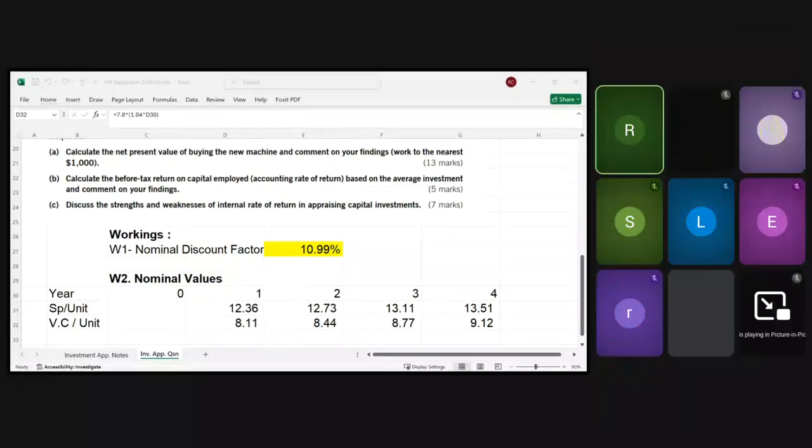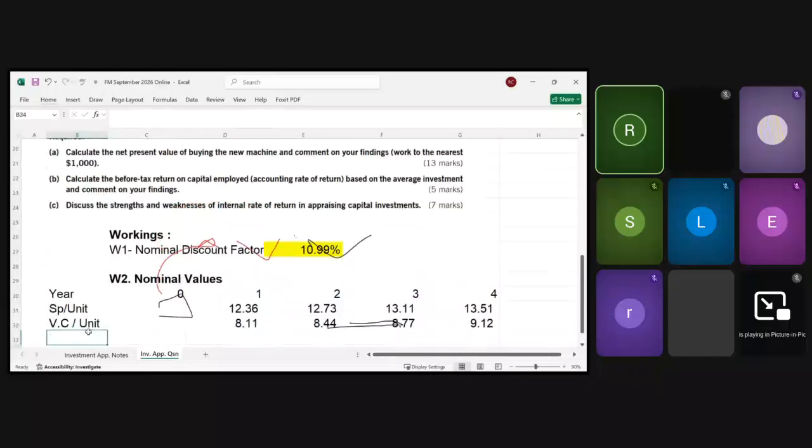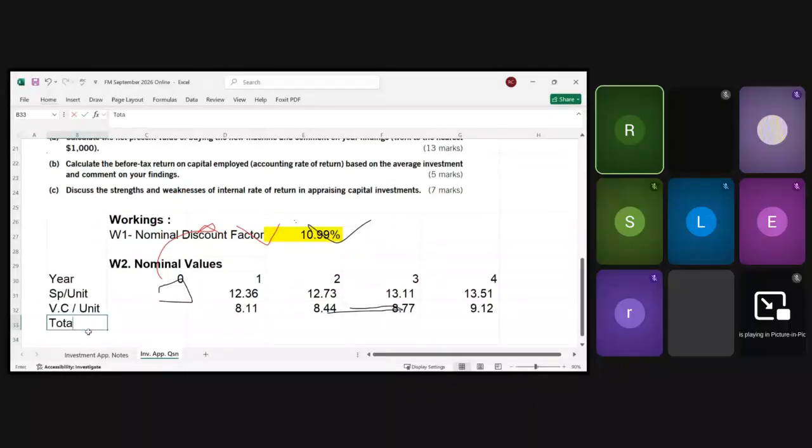Okay, let's move on to inflate our fixed costs. Fixed costs are inflating at 6%, and the value of our fixed cost is 25,000. So we are going to inflate total FC equals 25,000 times open bracket 1.06 to the power 1, close.